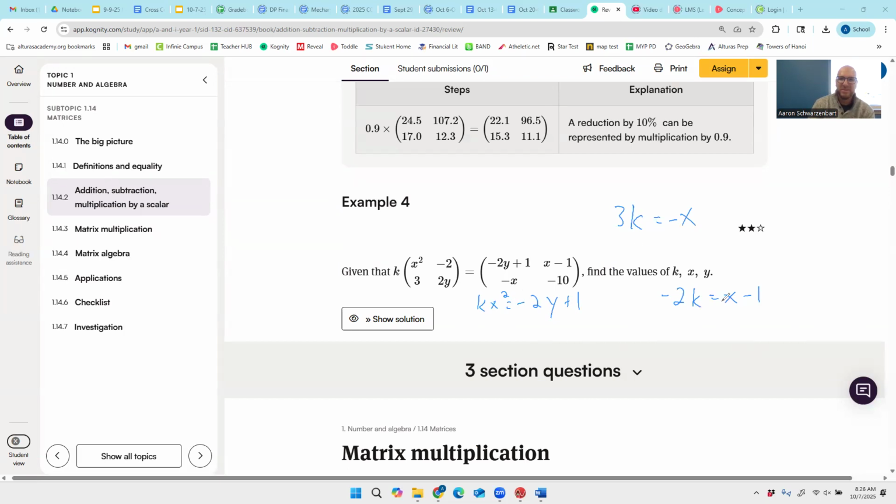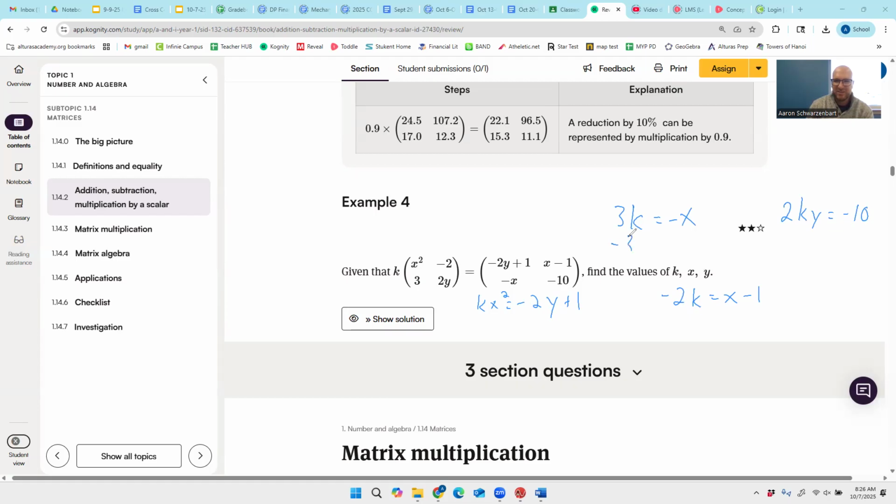Where are we getting k from? k is multiplied by those. So I'm going to use these to solve for x and k. And then, no, I'll use the last one. 2ky equals negative 10.